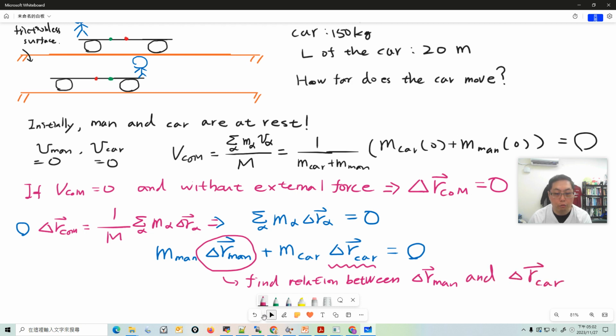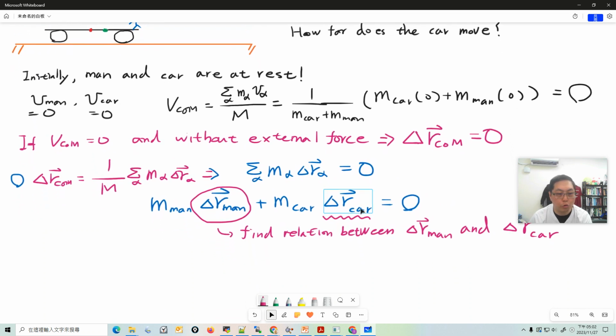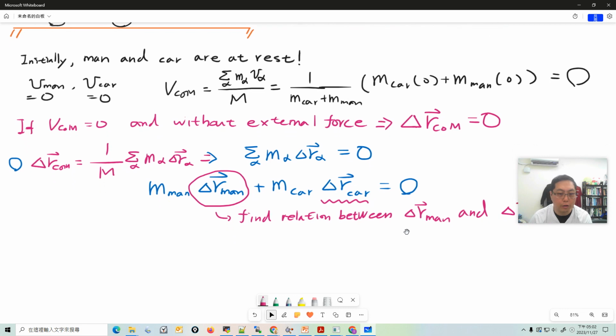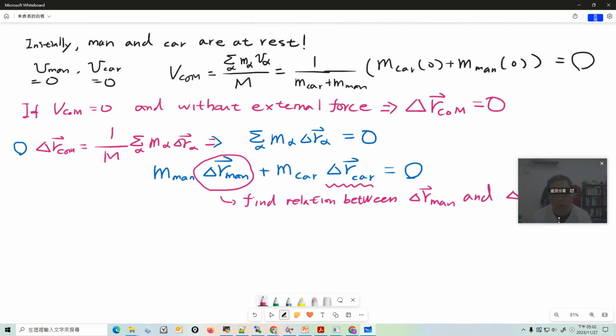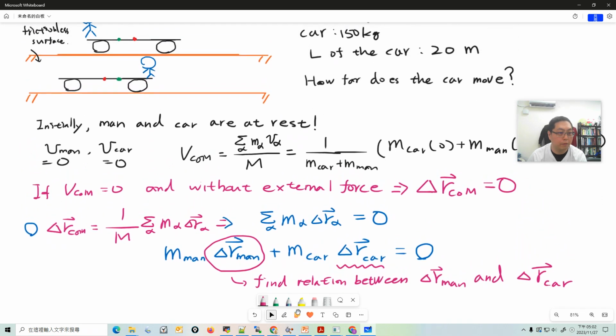We want to find out the relationship between them because we want to solve how far the car moves, and delta R man we have to replace with delta R car, or this equation is not solvable because we have two unknowns in one equation. So we have to reduce the unknowns. The most difficult part of this problem is finding the relationship between delta R man and delta R car.